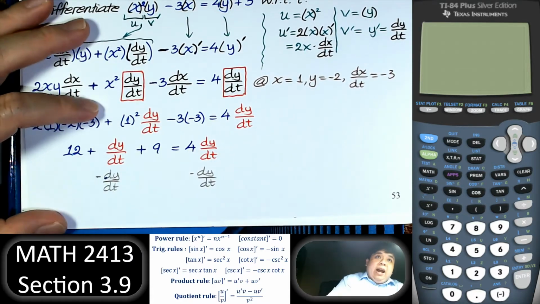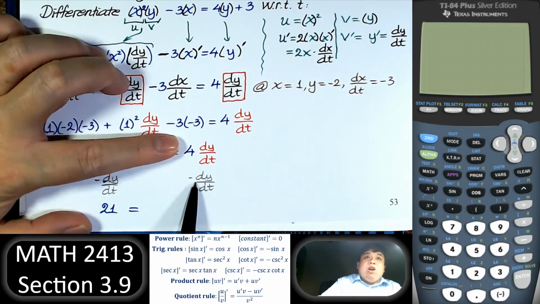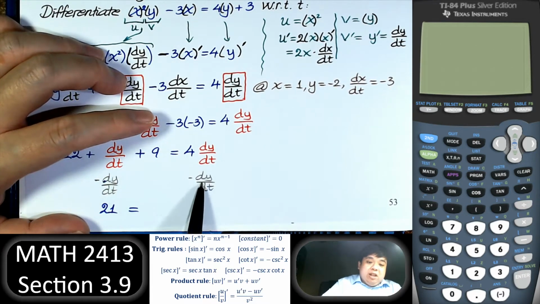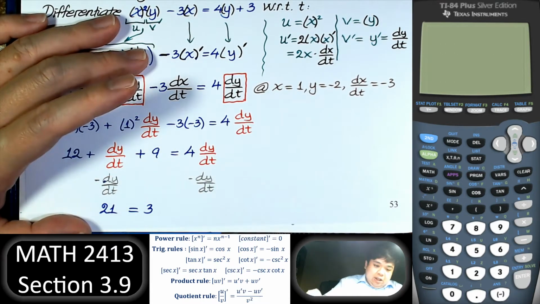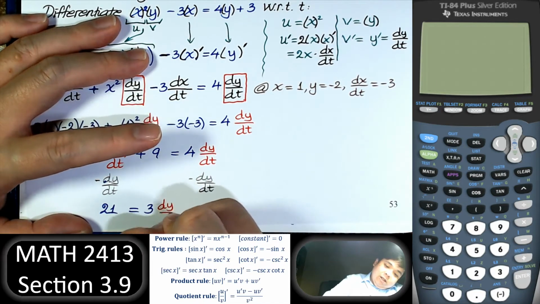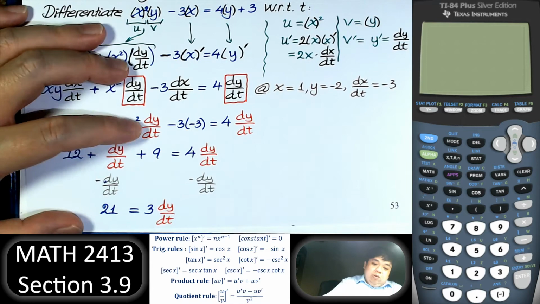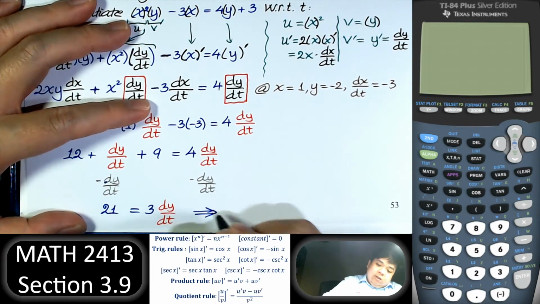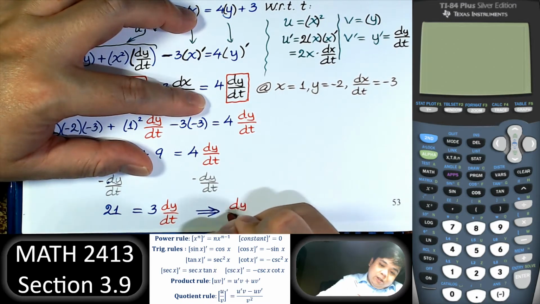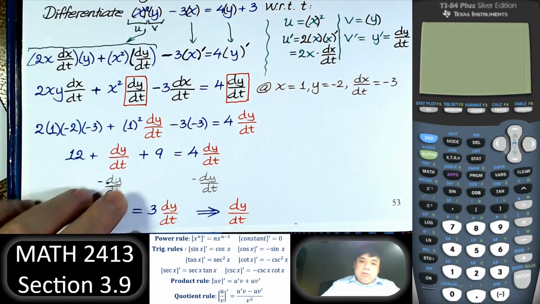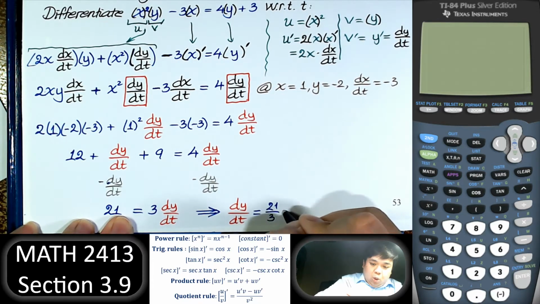So 12 and 9, that's 21. And 4 dy over dt minus 1 dy over dt, we have 3 dy over dt. And then to solve for dy over dt by itself, dy over dt is 21 over 3, which is 7.